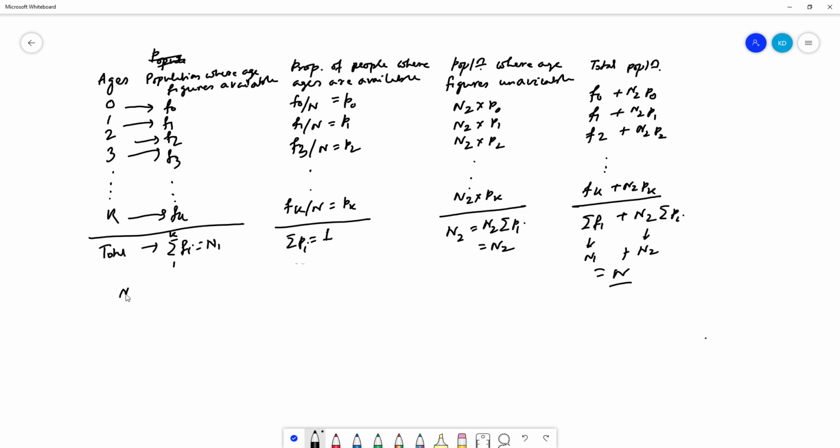Then the number of people in the whole population, and so on.